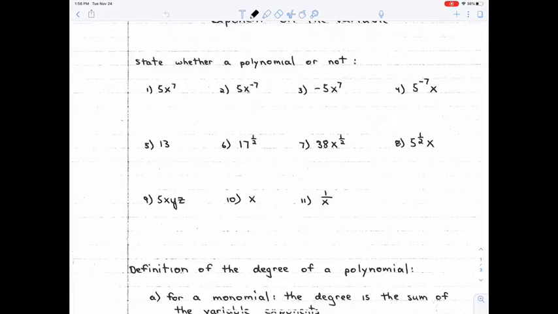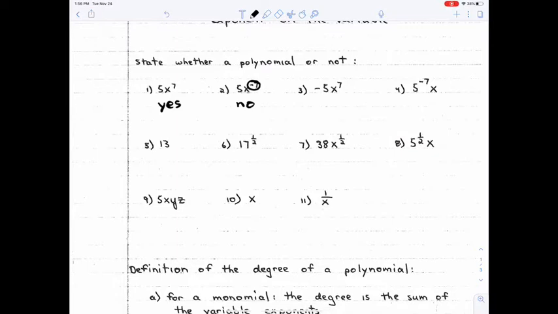Okay, so the first one, exponent 7, that's a whole number. It's on the variable. So yes, that's a polynomial. The exponent here is on the variable and is not a whole number, because whole numbers don't include the negatives. So this is not a polynomial.